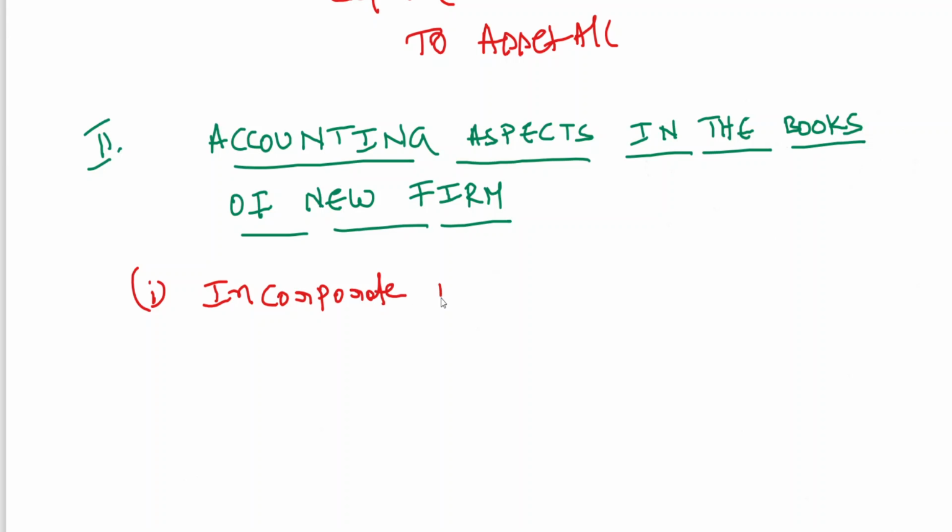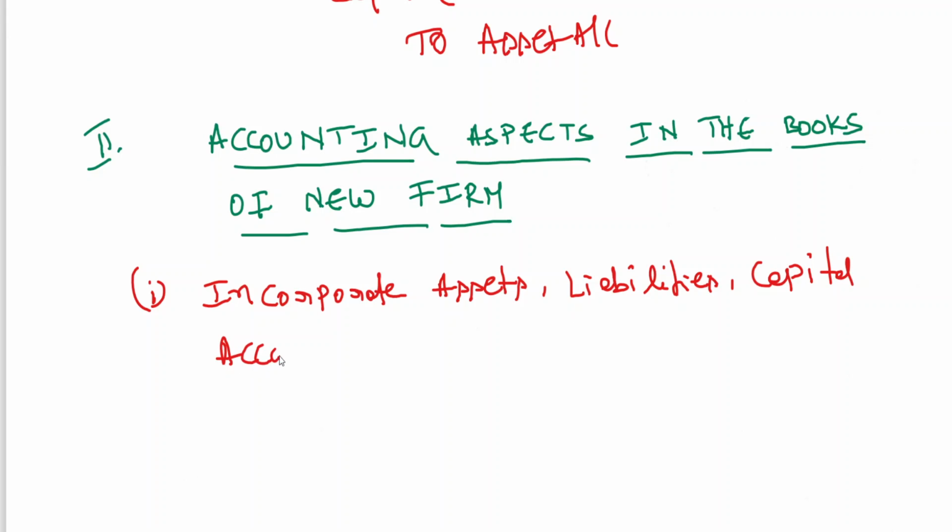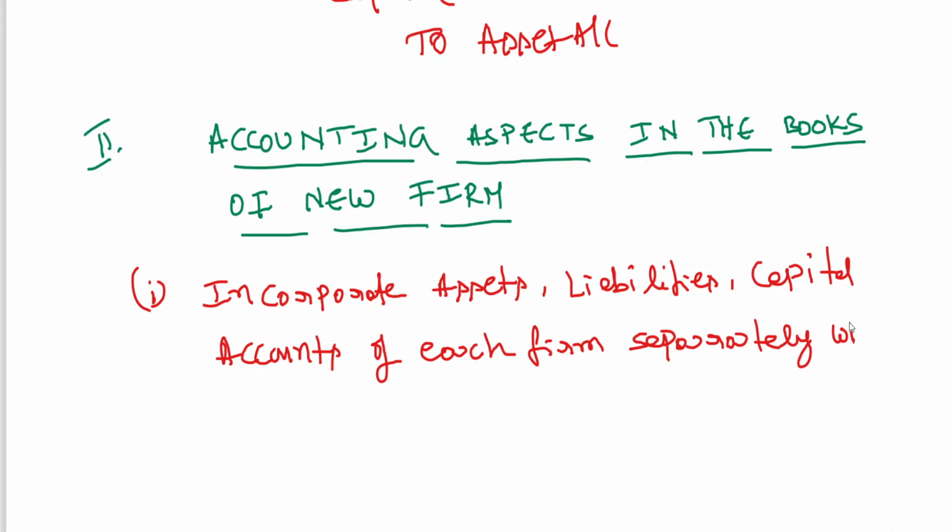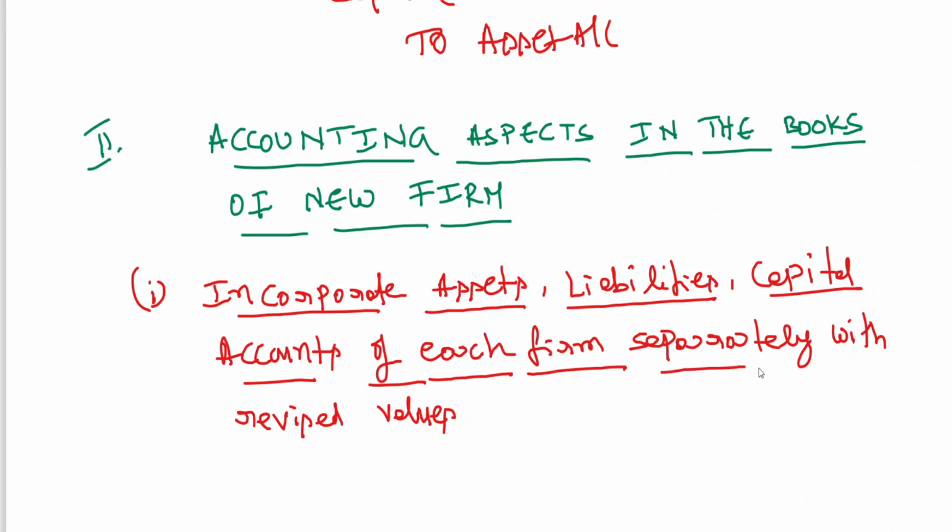Incorporate assets, liabilities, capital accounts of each firm separately with revised values.